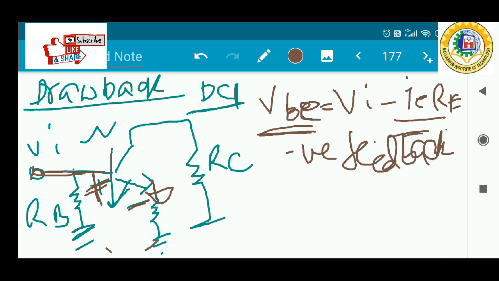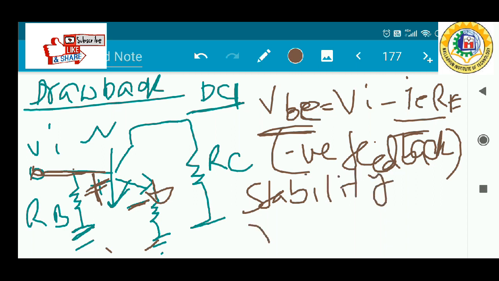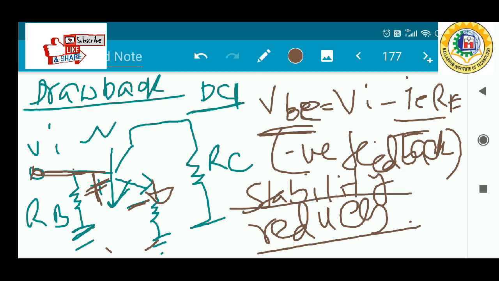All of you know, in the case of the op-amp, that negative feedback improves the stability but reduces the gain, and that is happening here: it reduces the gain but its stability increases. So we are making this circuit more stable, but unknowingly the gain reduces, which we also did not want. That is what happens when connecting the emitter resistance.